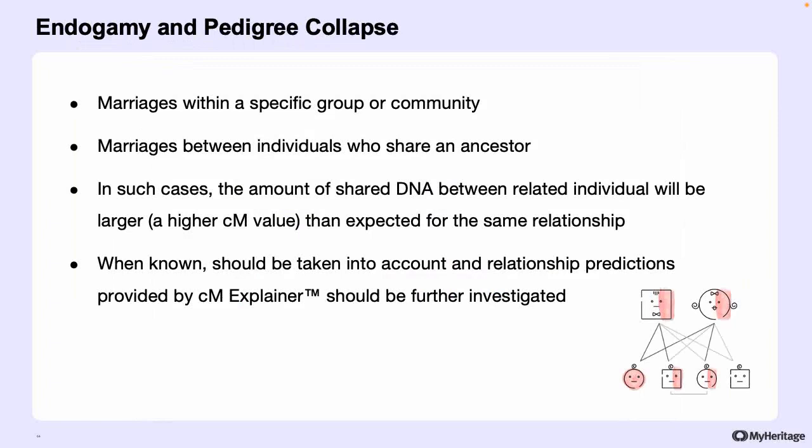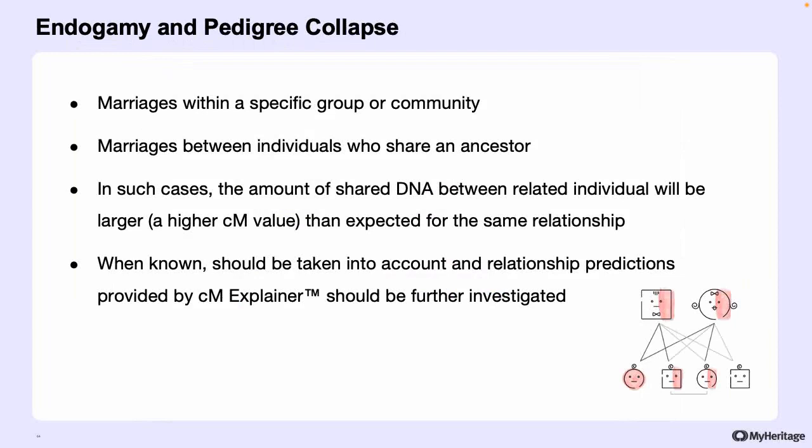Endogamy means that there are marriages within a specific group or community. An example for that are Ashkenazi Jews. This is a community or ethnic group that is known to have marriages inside the community.